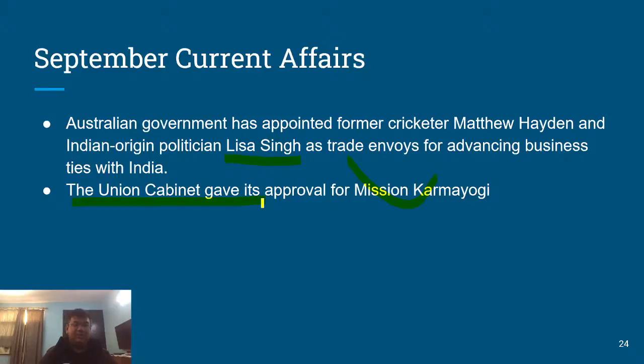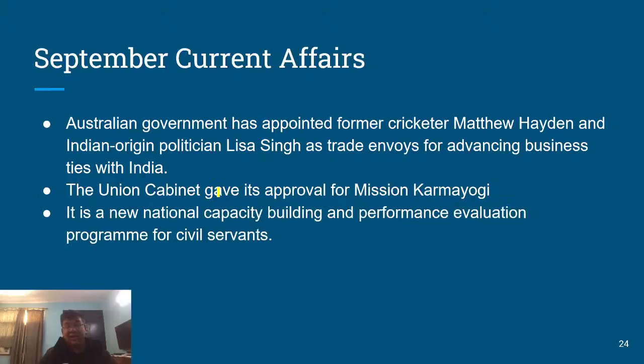The Union Cabinet, meanwhile, gave its approval for Mission Karmayogi. Now what is this Karmayogi? Let us better understand this. It's a new national capacity building and performance evaluation program for civil servants of all kinds.